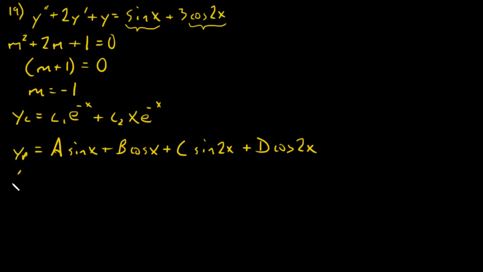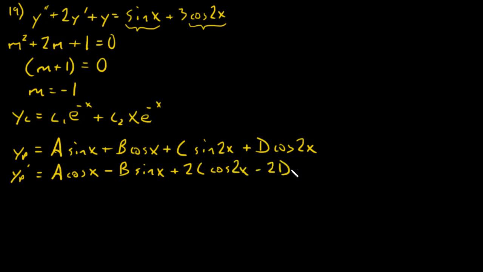So now we take the derivative. Y sub p prime is equal to a cosine x minus b sine x plus 2c cosine 2x minus 2d sine 2x.